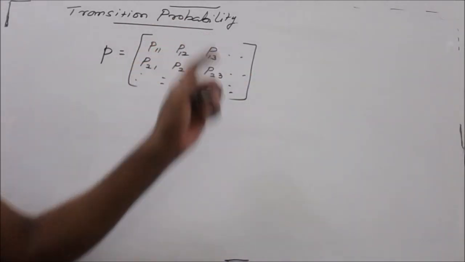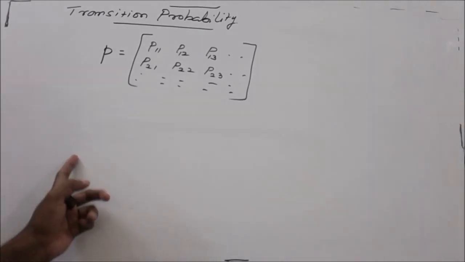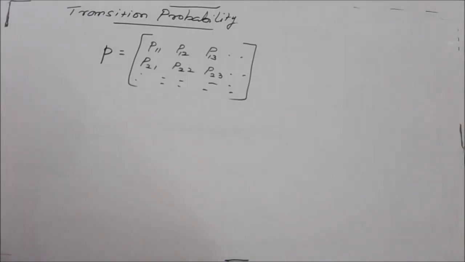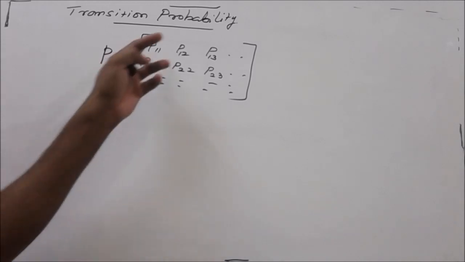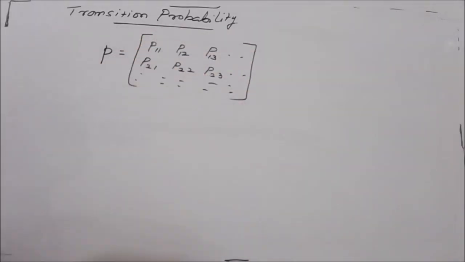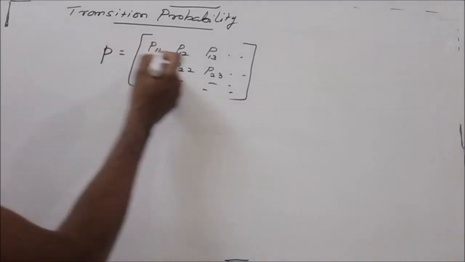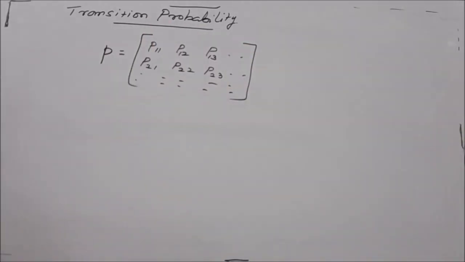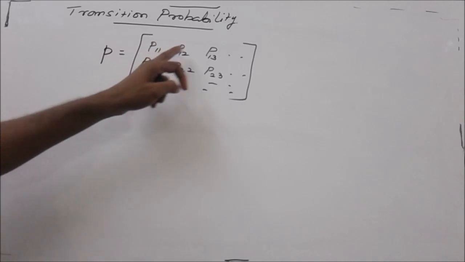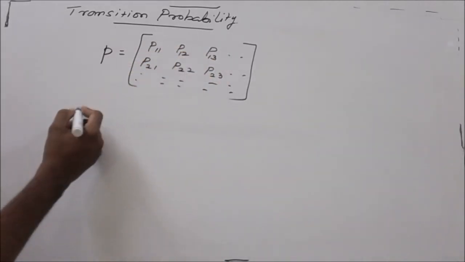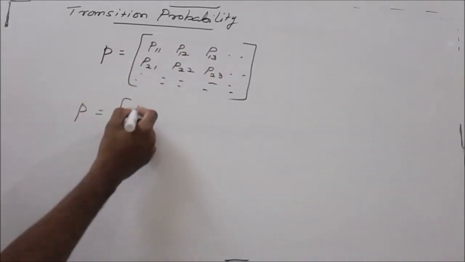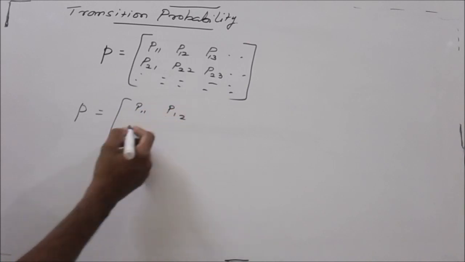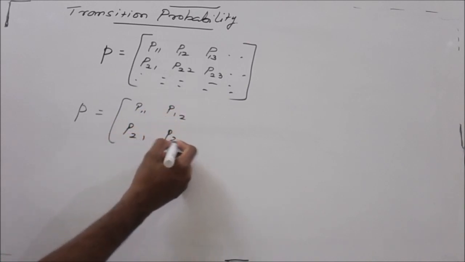All the entries are probabilities, because we are moving from one stage to another stage. Each element represents a probability value. The sum of the probabilities in each row will be equal to 1. That is very important. Suppose P equals P11, P12 and P21, P22.